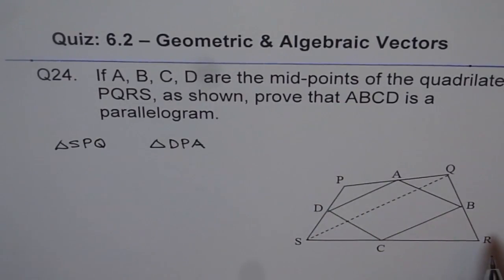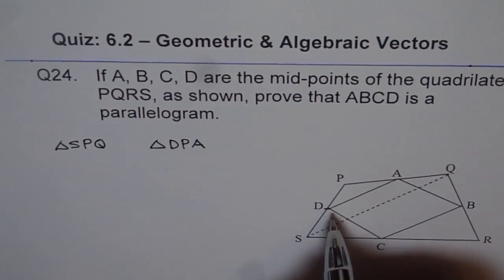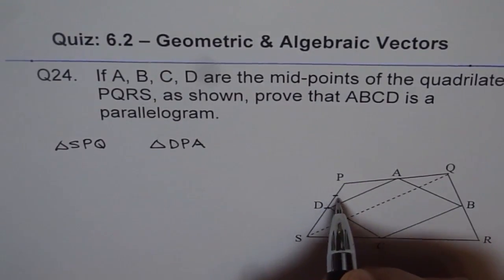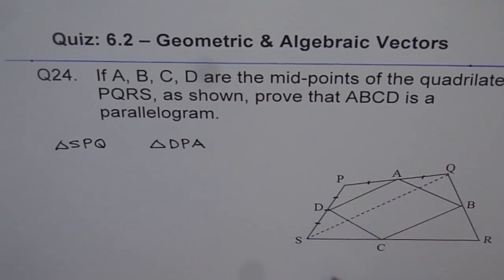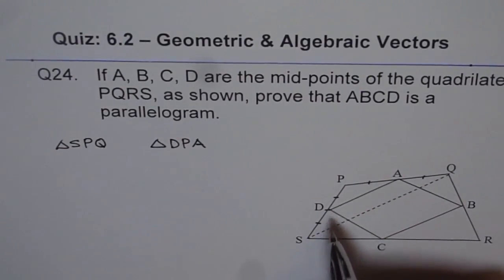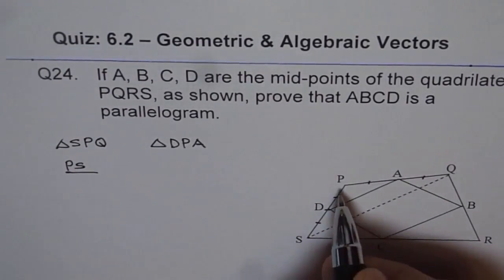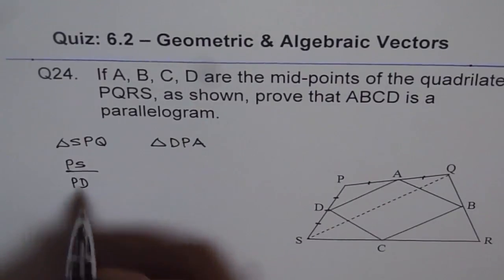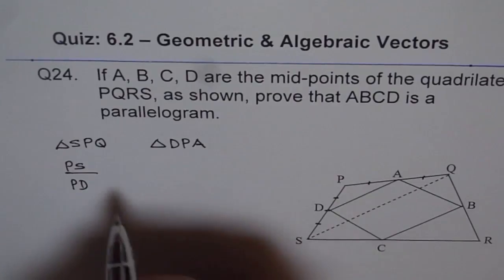Now in these two triangles, if I write the ratio of the sides, we already know this is the midpoint. Midpoint means this side is equal to that side, and PA equals AQ, right? Now if I write ratios of the two sides for the big triangle, big to small, the big is PS, so PS over PD, and on the other side PQ over PA.